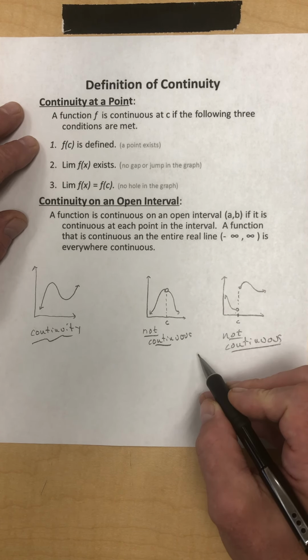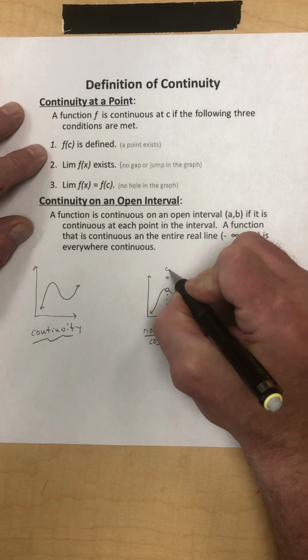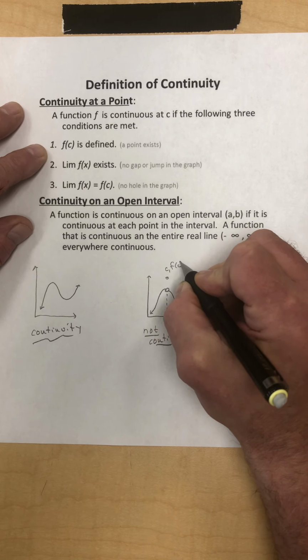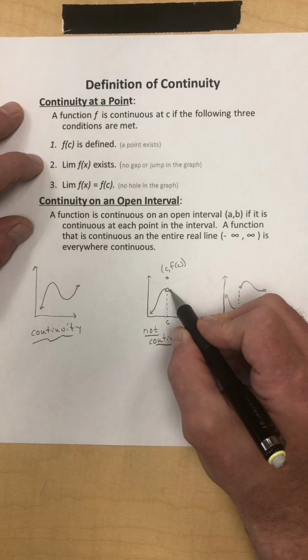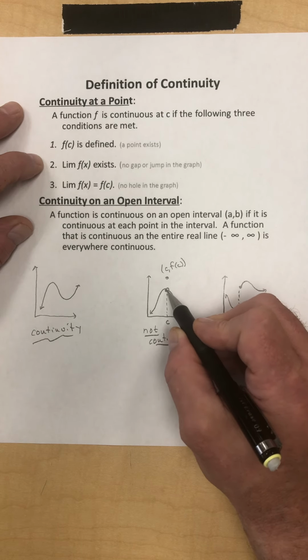Now you could even do this where I could say, let's remove it and place it up here. So that guy would be c and f of c, and you say, well now f of c is defined. Yes, it is. Does the limit at c exist? Yes, the limit would be whatever the y value is right here at this point, coming from the right and coming from the left.